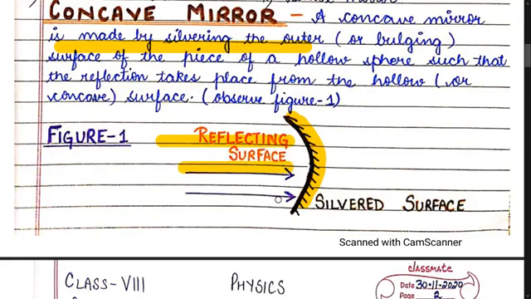Now students, just remember that reflection always occurs from the polished surface, while the silvered surface is at the back, and silvering is done to make the glass opaque.